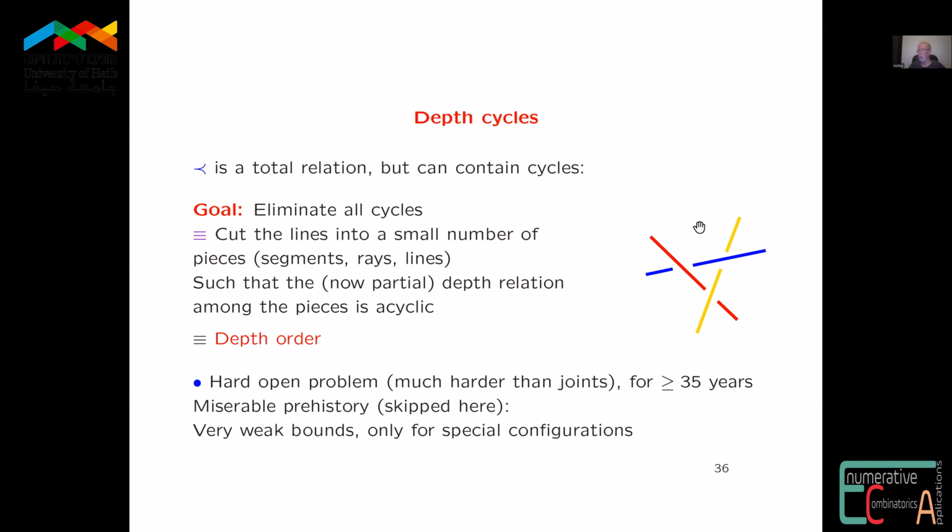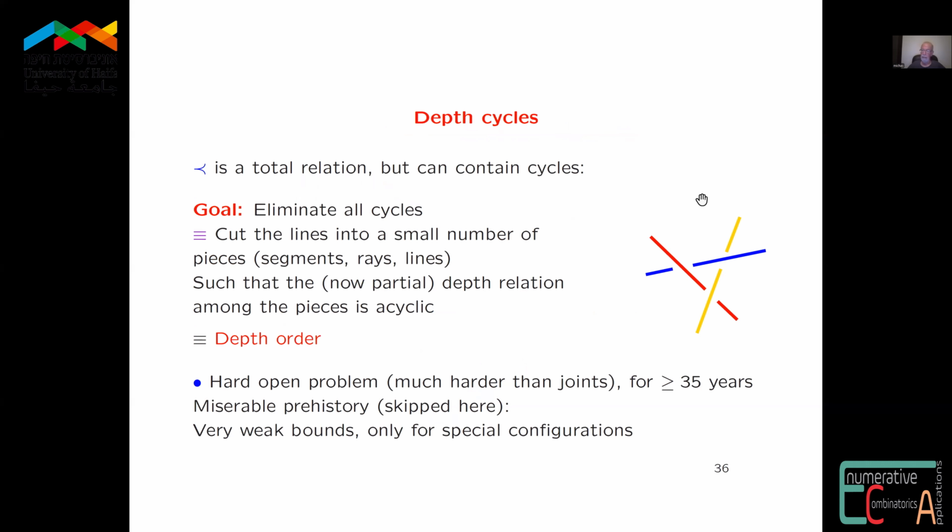In general position, this is a total relation, but it can contain cycles, as in this famous drawing of 3 lines, each of which lies above another one in the cycle. We want to avoid this situation. How do we avoid it?